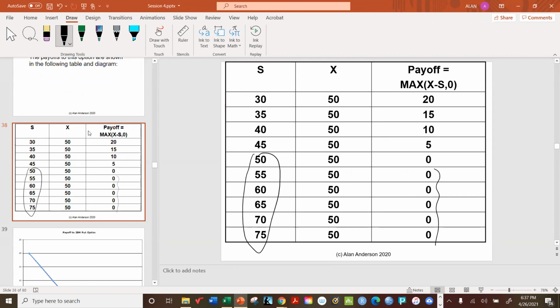All right, this would be out of the money. And this would be considered at the money. And up here, these would be considered in the money because they have a positive payoff.